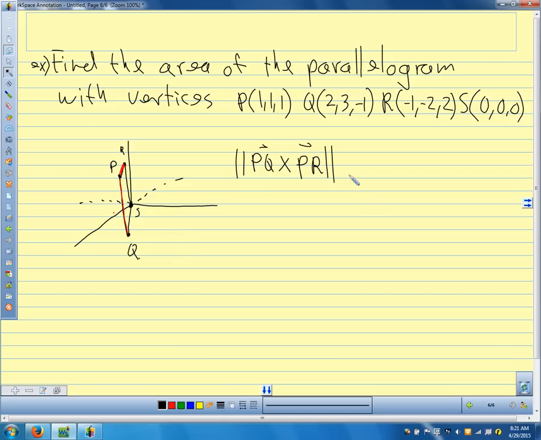We don't necessarily need to go through the calculations of finding the magnitude of the cross product. We've done a bunch of cross products. But let's make sure we remember, how do we find PQ? How do we find the vector between those 2 points? What's our shorthand way of thinking about it?